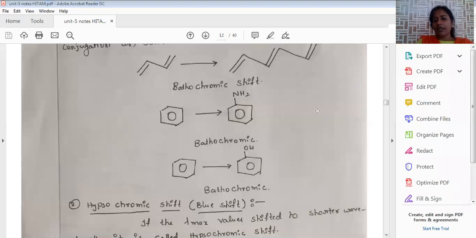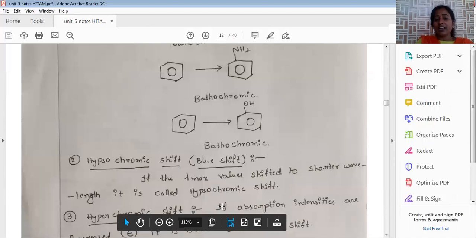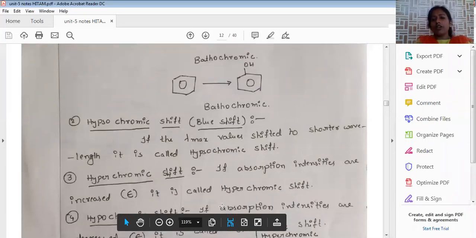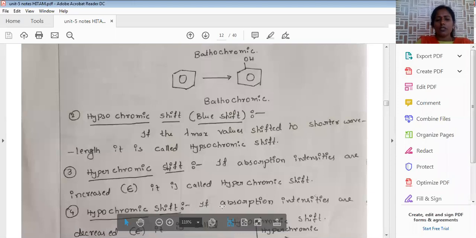So from aniline to the anilinium ion, conjugation is reduced, so its lambda max value will be reduced, which is called hypsochromic shift. Hypsochromic shift is nothing but decreasing the lambda max values by decreasing the conjugation. When we convert three bonded conjugation into two bonded conjugation, the lambda max values decrease. That is also called hypsochromic shift.